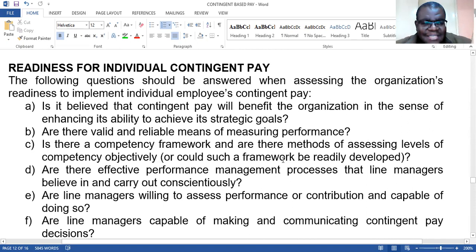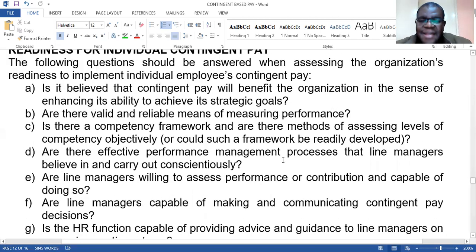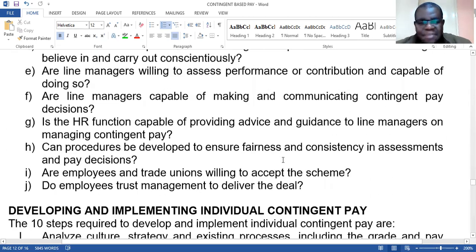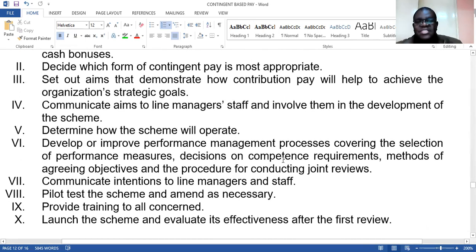So there are outlines of what you need to consider as an organization, the questions you want to ask yourself if you want to successfully implement individual-based contingency schemes, and how you want to develop the individual-based scheme. A 10-step approach. Analyze the culture, strategy, and existing processes. Decide on the contingent-based pay scheme that is appropriate.